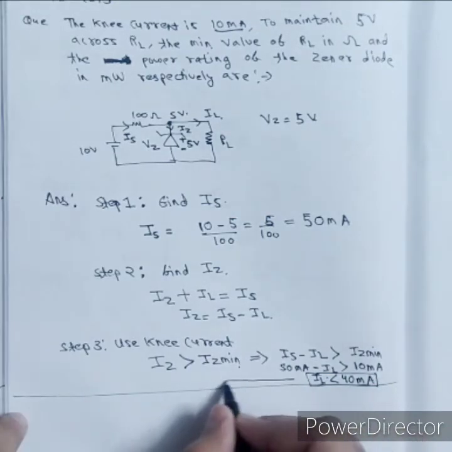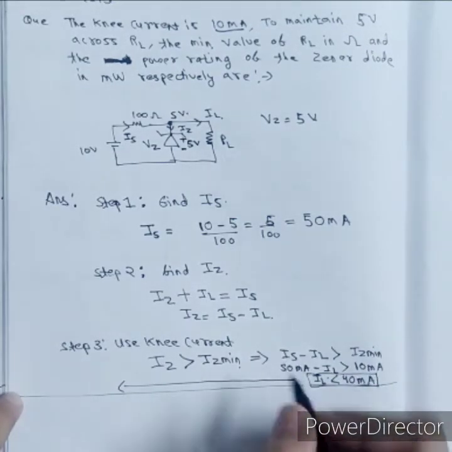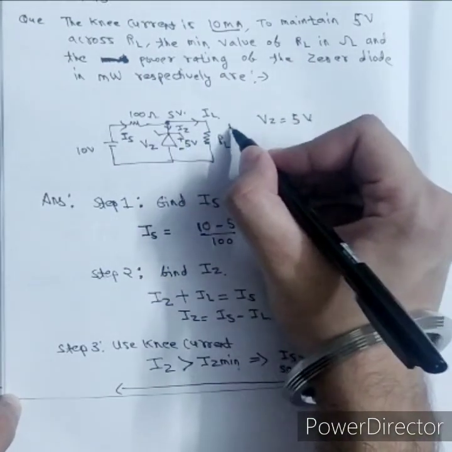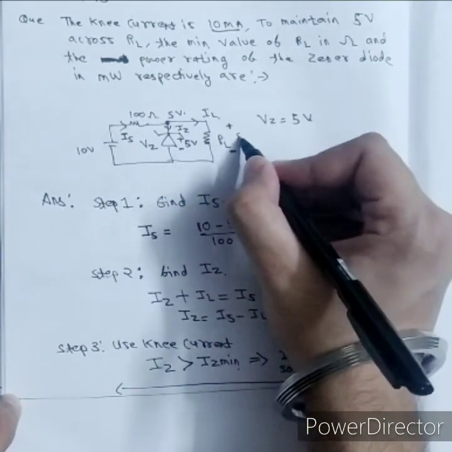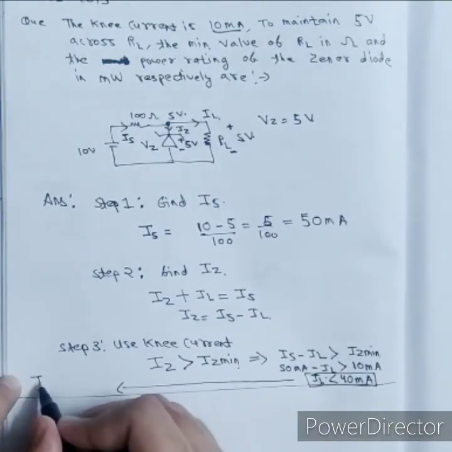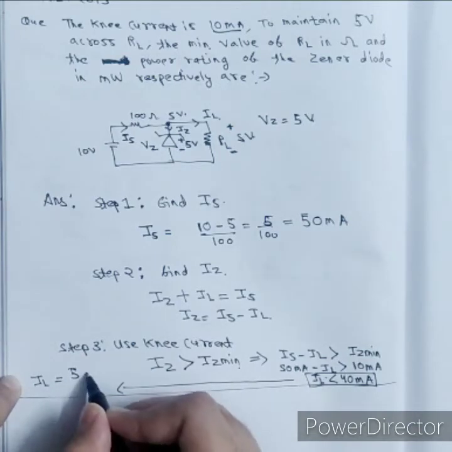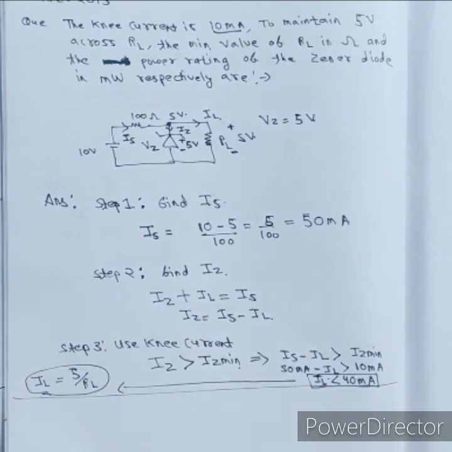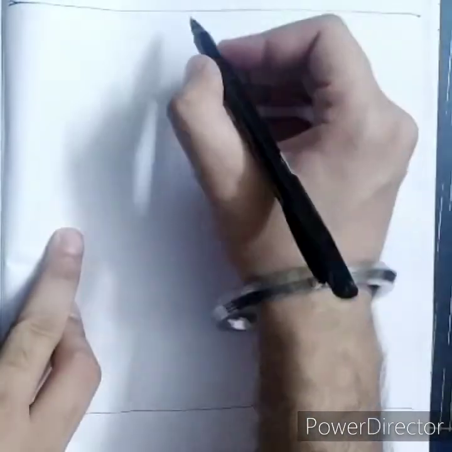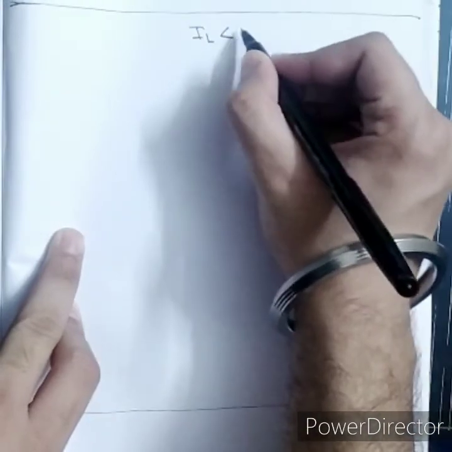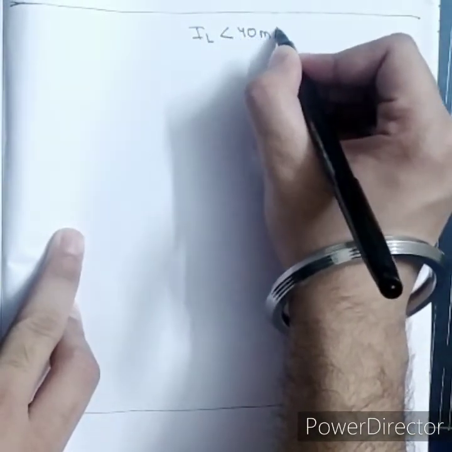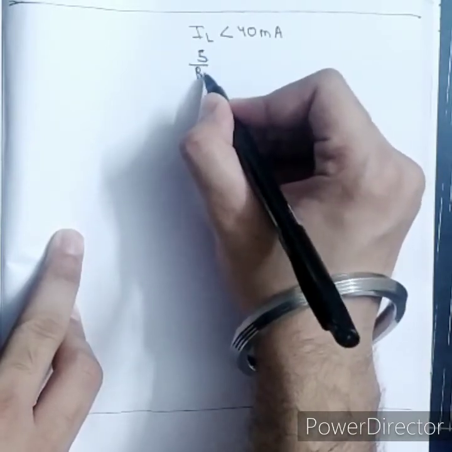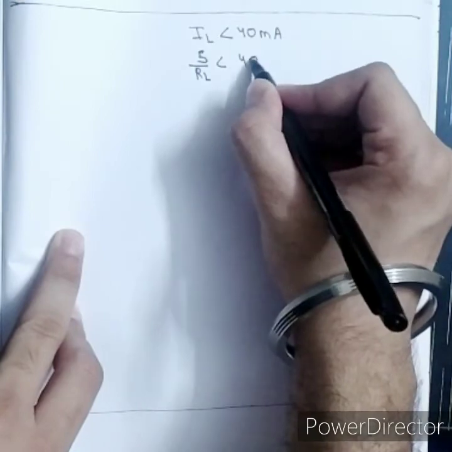Now from this side I can write IL is the current flowing through load RL, right? The voltage across this RL is the same 5 volt. So IL I can write as 5 volt by RL, voltage by resistance is current. So we got the condition IL should be less than 40 milliampere, and IL is 5 volt by RL, so it should be less than 40 milliampere.